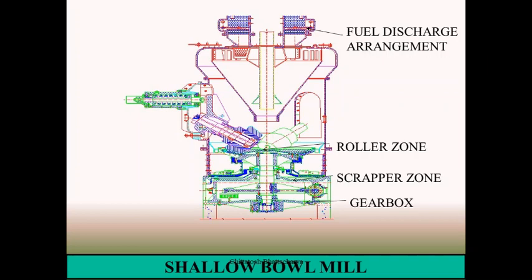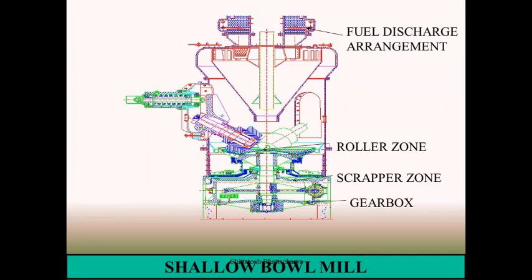Here coal comes through the central coal inlet piping through the classifier, and falls on the roller zone. The bowl is rotating at a specified rpm, maybe 40 to 90 rpm, and above it there are three rollers.